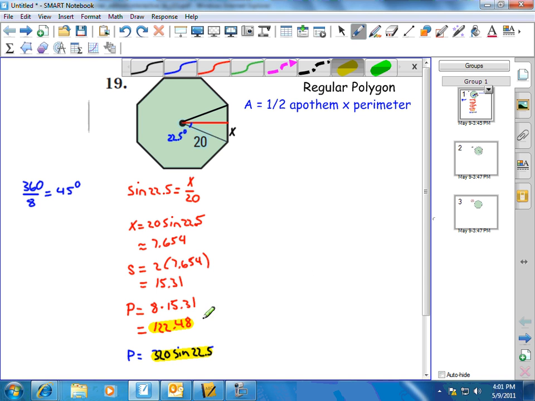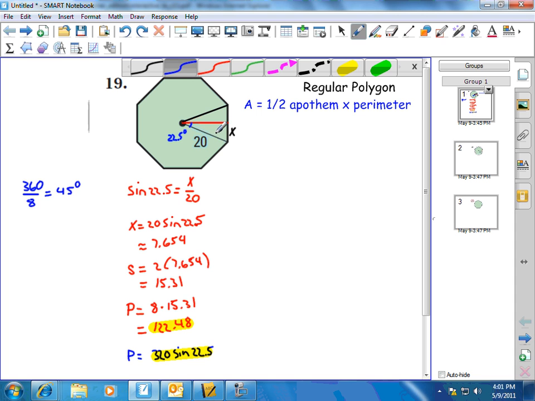So I've got perimeter now. I need to solve for the apothem. I could use the Pythagorean theorem, using 7.654 and 20 to solve for the apothem. But to be closer to the exact value, I'm going to use a trig ratio.